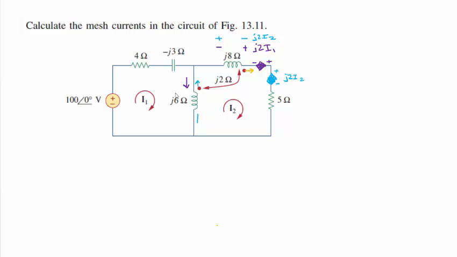So I am going to induce a voltage on this coil, negative, positive, and it's J2, and I'm going to draw that little dependent voltage source in here, and it has this polarity.